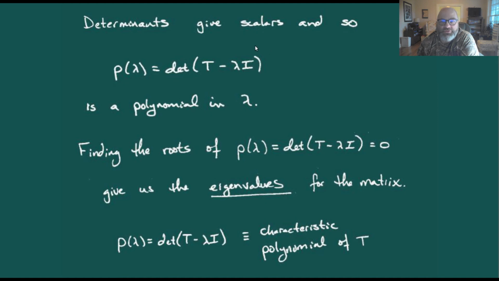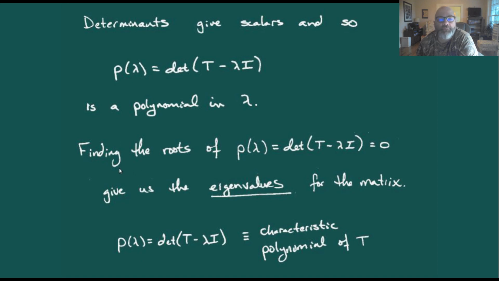Now, determinants are just scalars, and so if we make this a function of lambda, P of lambda equal to the determinant of this linear transformation, then what we actually get is a polynomial in lambda, and in particular a polynomial of degree n in lambda.